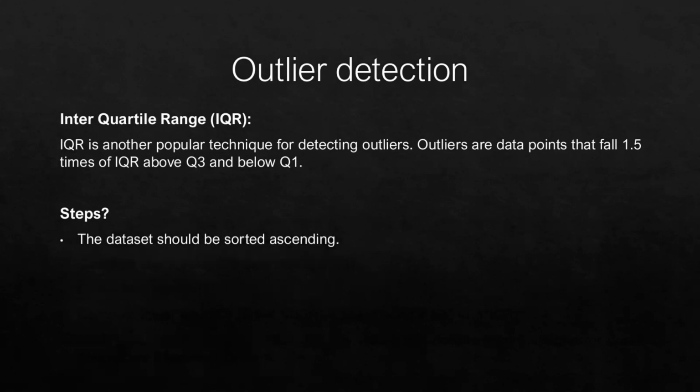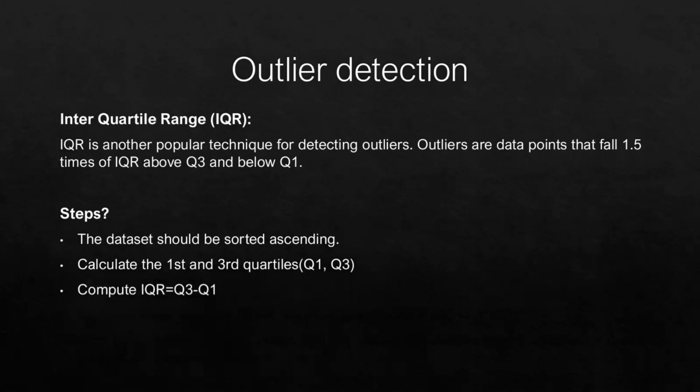The dataset should be sorted ascending. Calculate the first and third quartiles. Compute the IQR, which is actually subtracting Q1 from Q3.